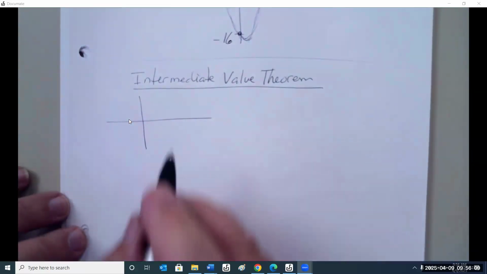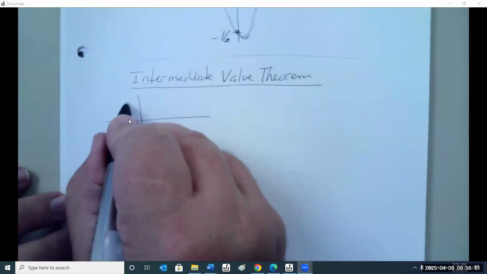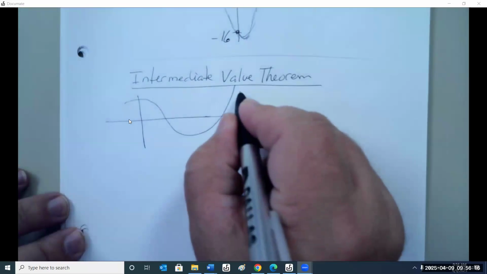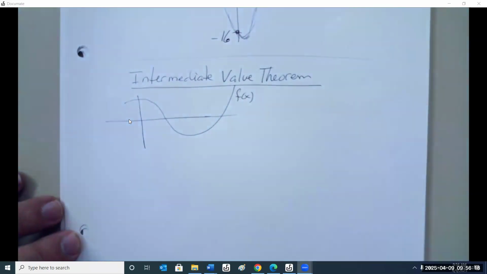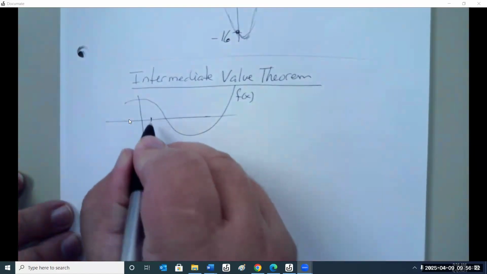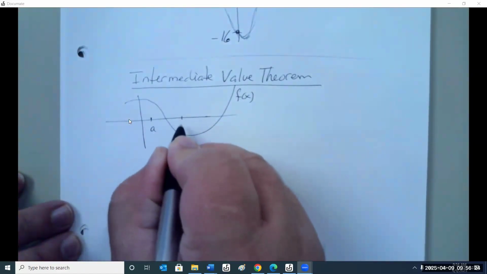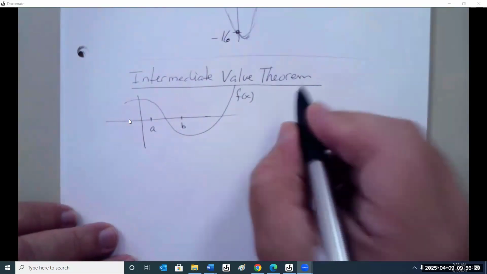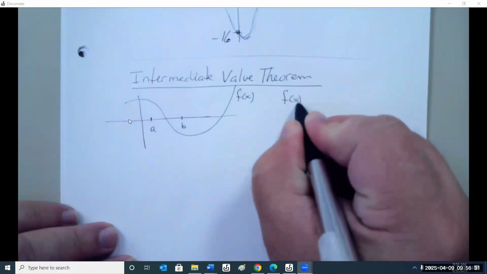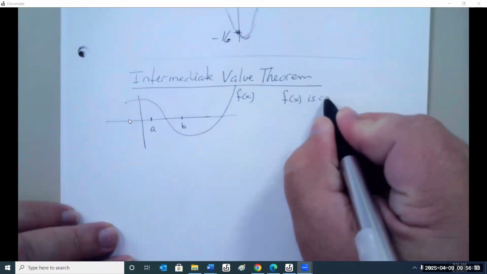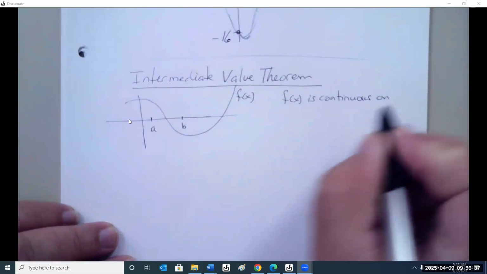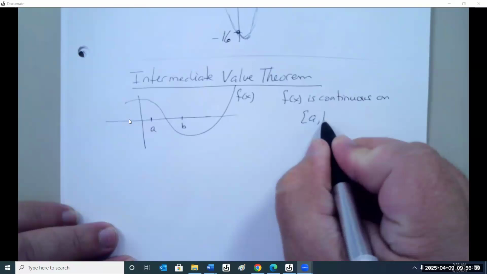If I have a function, I have some function f of x, on some interval. So f of x is continuous on some interval AB.